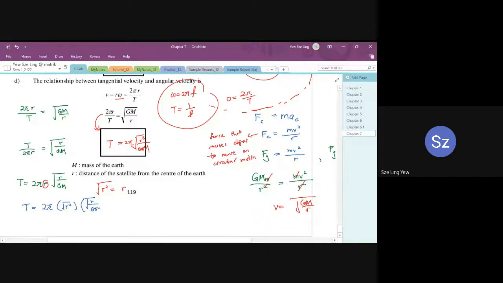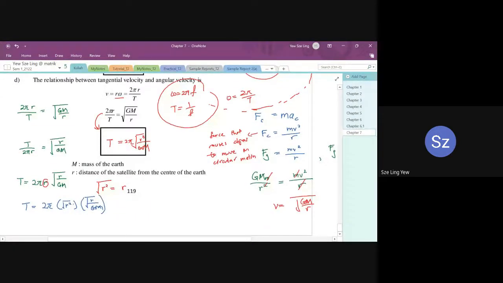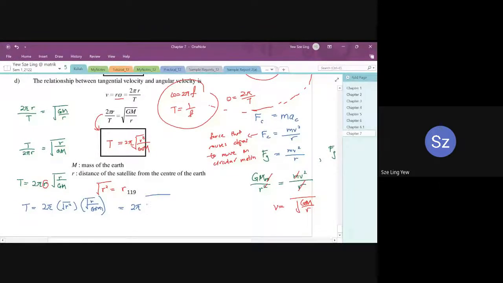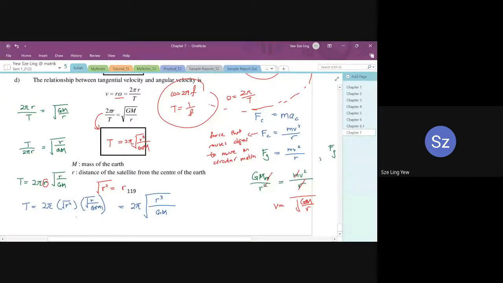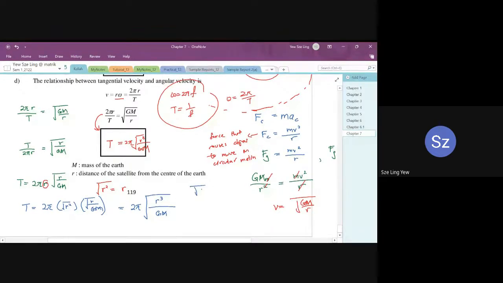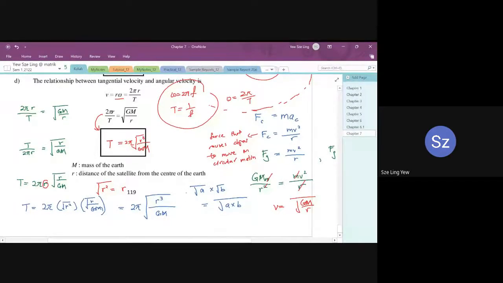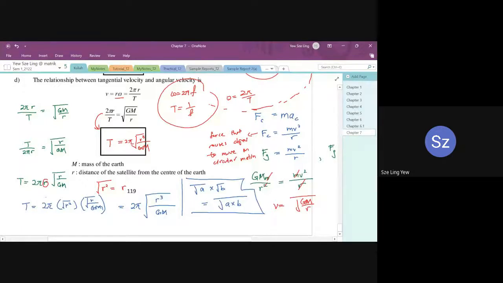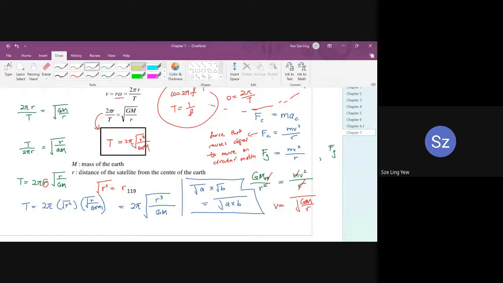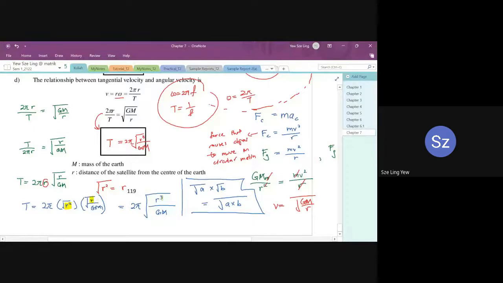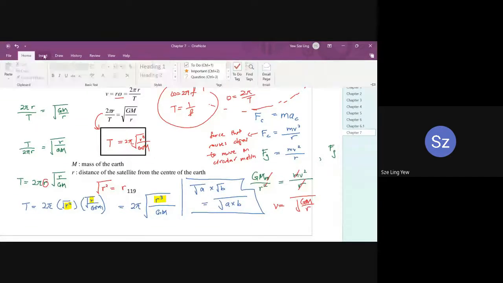So the square root of r squared multiplied by the square root of r over GM equals 2 pi times the square root of r squared times r over GM. When you have square root and square root, you can multiply the terms inside. The square root of a times the square root of b is equal to the square root of a times b. This is simple mathematics. So you use r squared times r, and therefore you obtain r cubed.